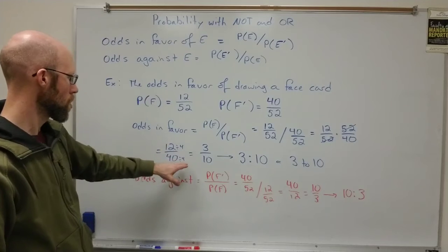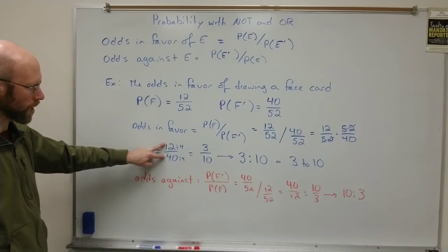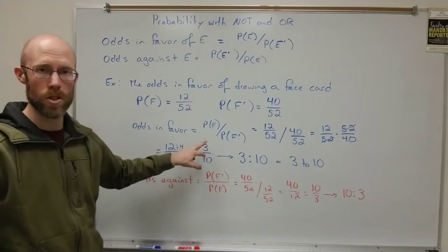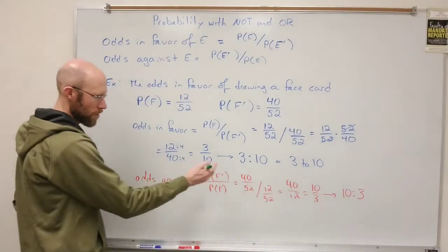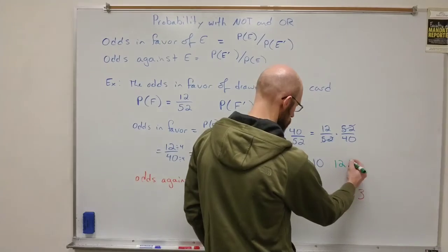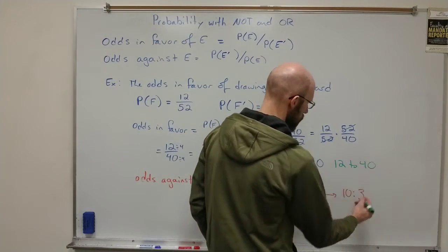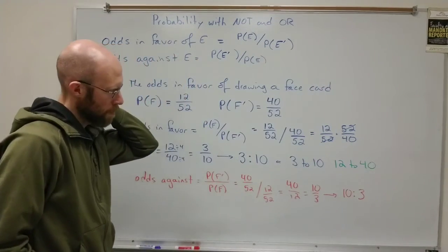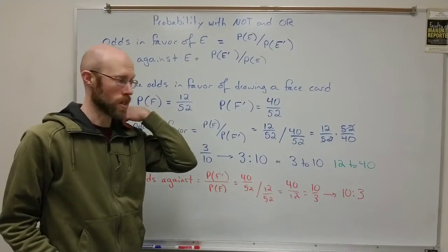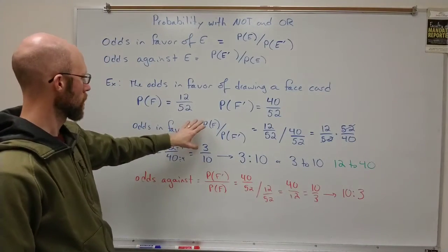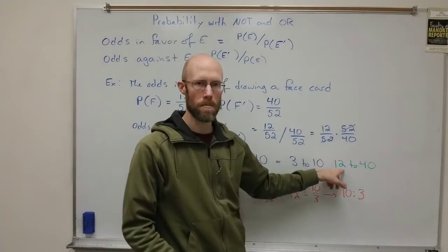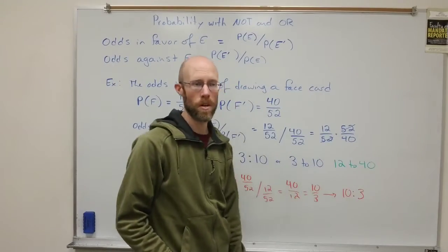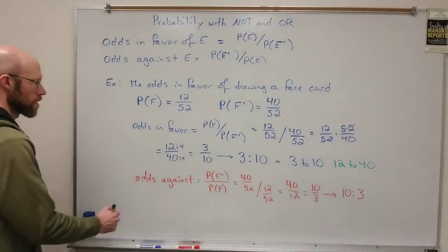Oh, it's because when you get to this 12 to 40 idea, before you reduce the ratio, before you reduce the fraction, the probability of actually getting the event, getting the face card, is 12 divided by the sum of 52, right?